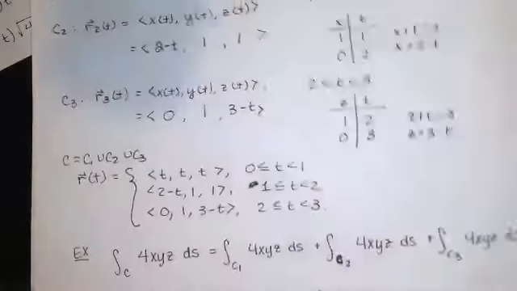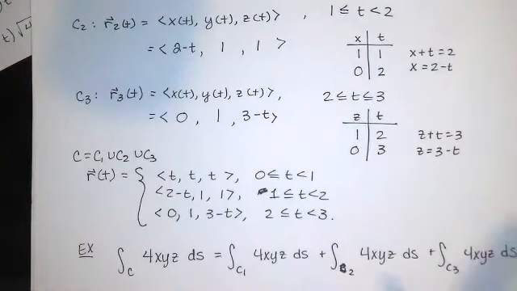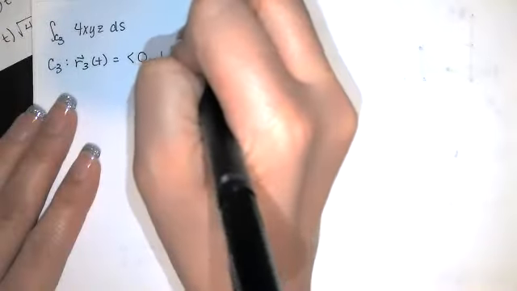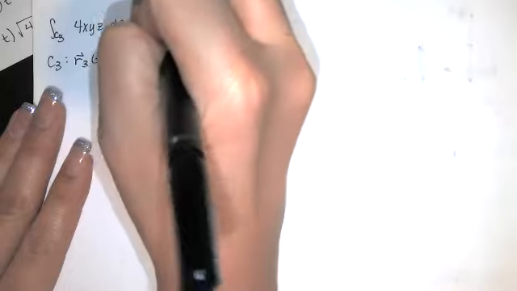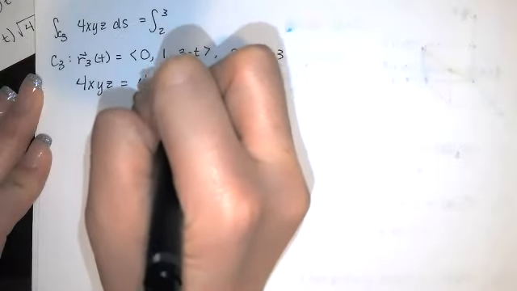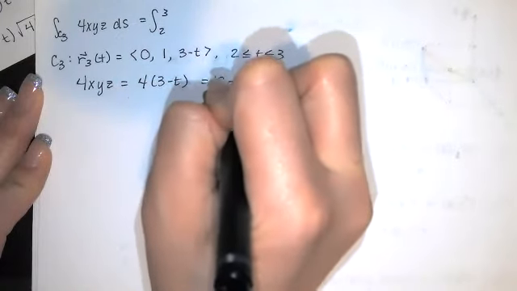That's C sub 3. And in that case, x was 0, y was 1, and z was 3 minus t, and t went from 2 to 3. So we'll evaluate the integral from 2 to 3 of our new integrand, which is 4 times (3 minus t), or 12 minus 4t.